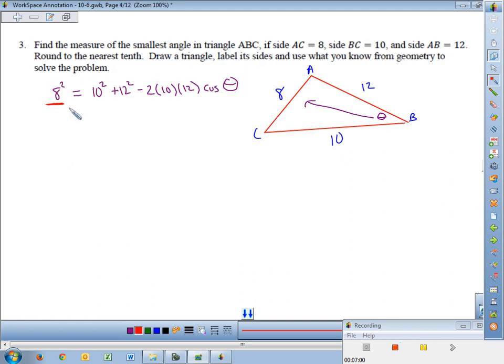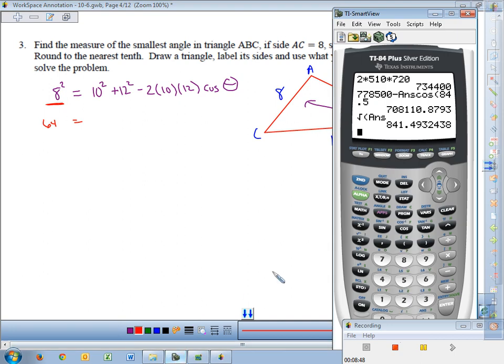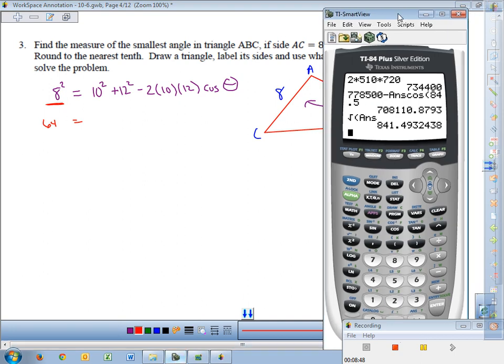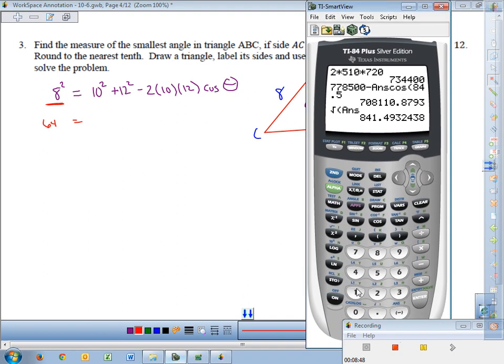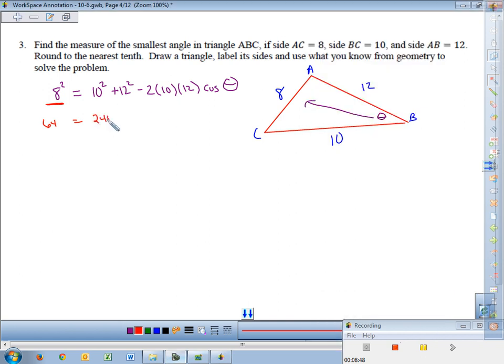So we got this. This is 64 equals 10 squared plus 12 squared. 10 squared plus 12 squared, I have it figured out before I punch it in. It's 244 minus 2 times 10 times 12, which is a negative 240 cosines of theta. And now, different scenario here.